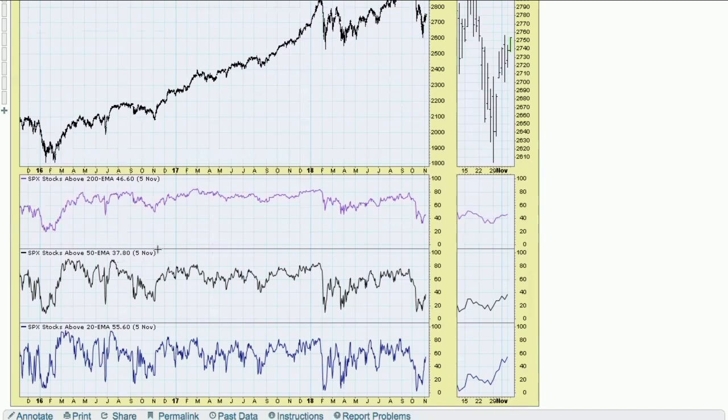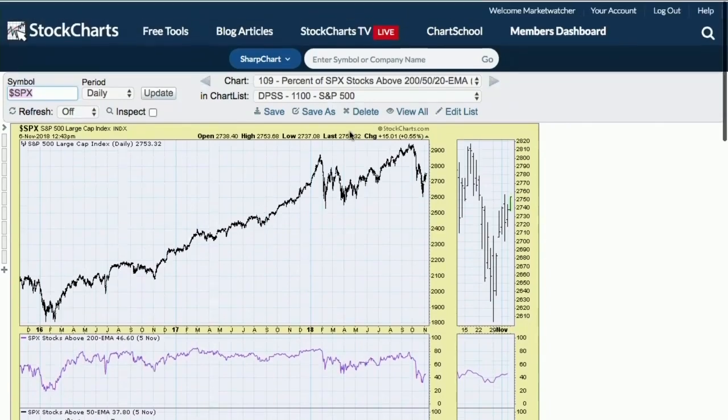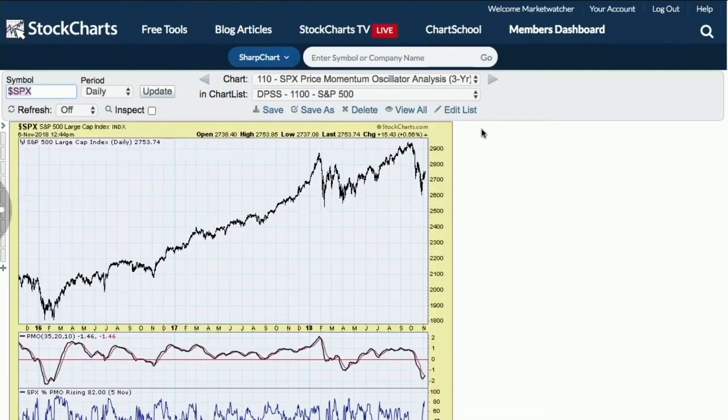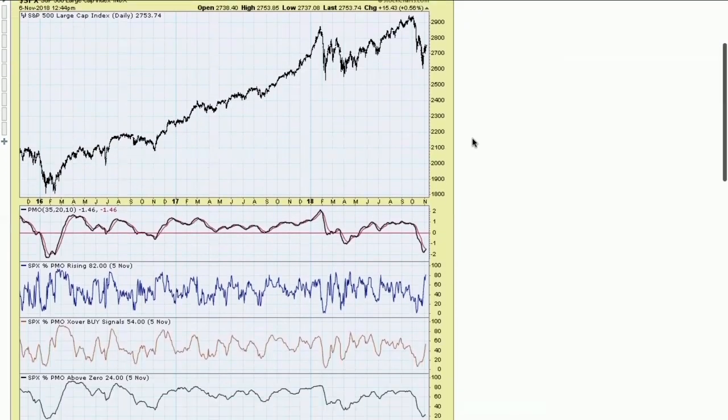So in the intermediate term, we're still looking at very bearish readings here with not a lot of participation, and certainly in the longer term, some problems as well, with less than half of the S&P 500 above their 200-day EMA. So you can just go right through here and get to all of these big picture indicators, just arrowing through these chart packs.